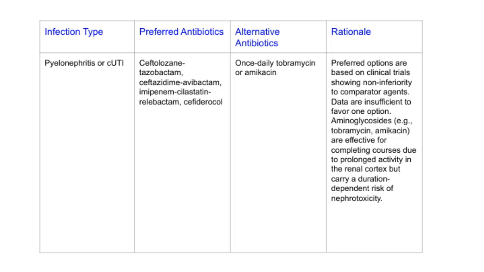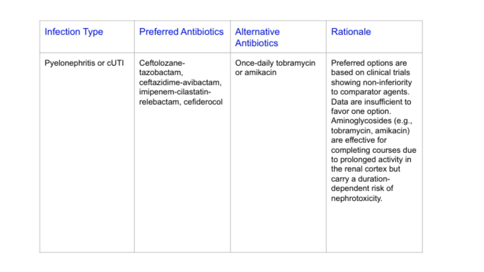Now, let's take a closer look at the table on this slide, which outlines some key antibiotic options for treating pyelonephritis or complicated urinary tract infections. As you can see, the preferred antibiotics include ceftolozane tazobactam, ceftazidime-avibactam, imipenem cilastatin relebactam, and cefiderocol.